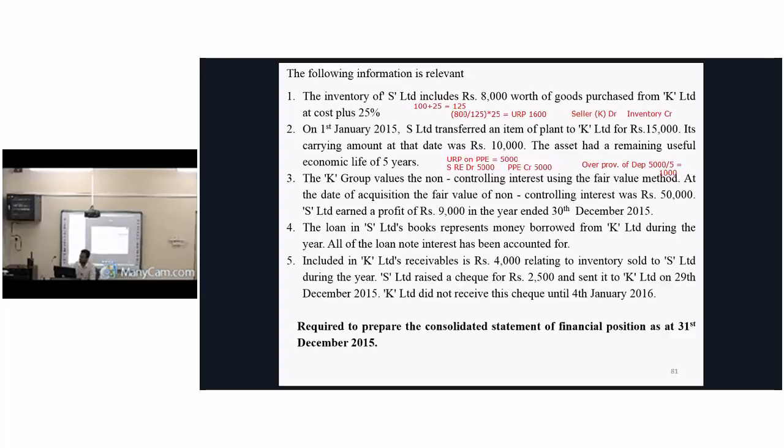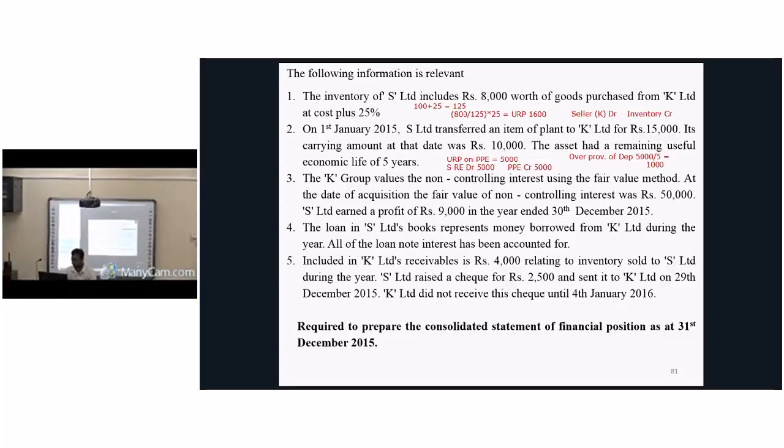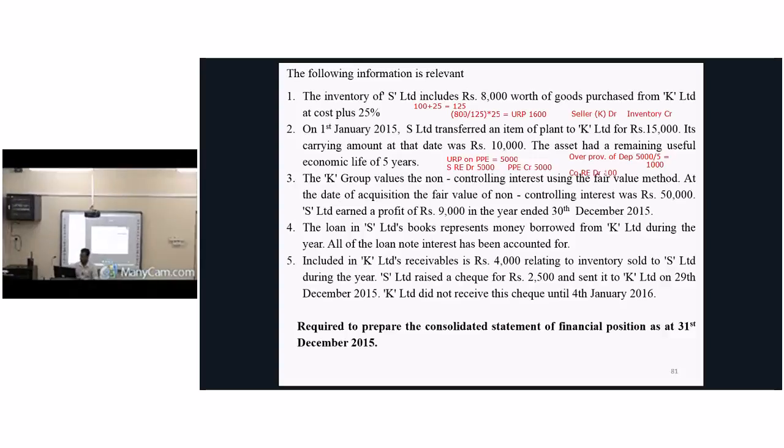So what's the double entry for over provision of depreciation? Who is the buyer now? The parent. Therefore consolidated retained earnings credit 1,000 and debit to PPE, you can say accumulated depreciation.